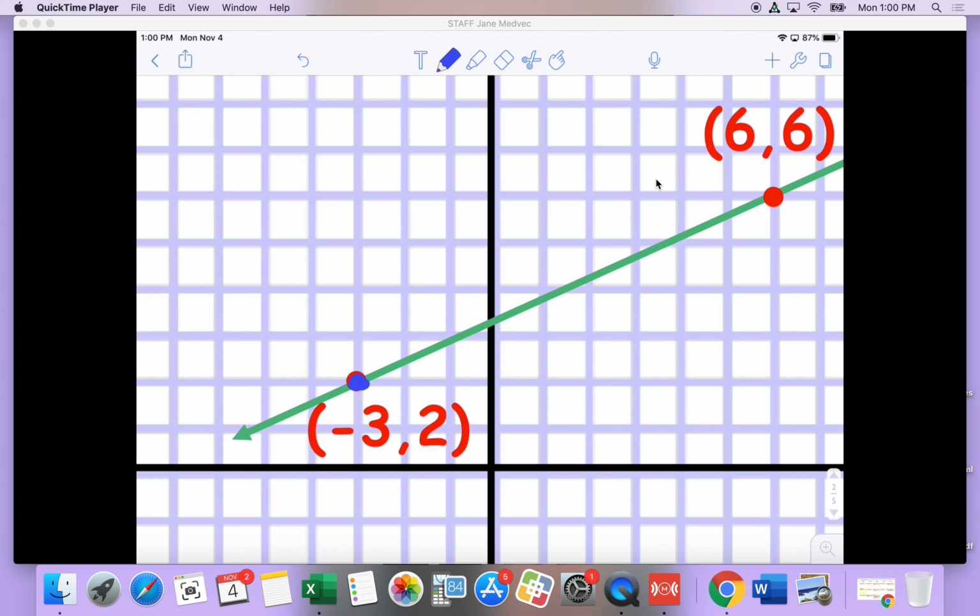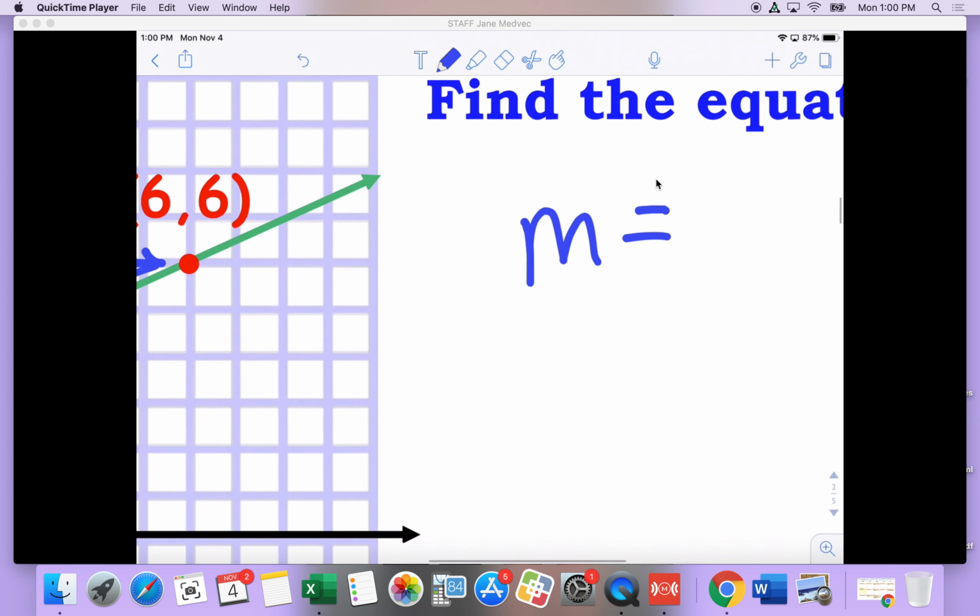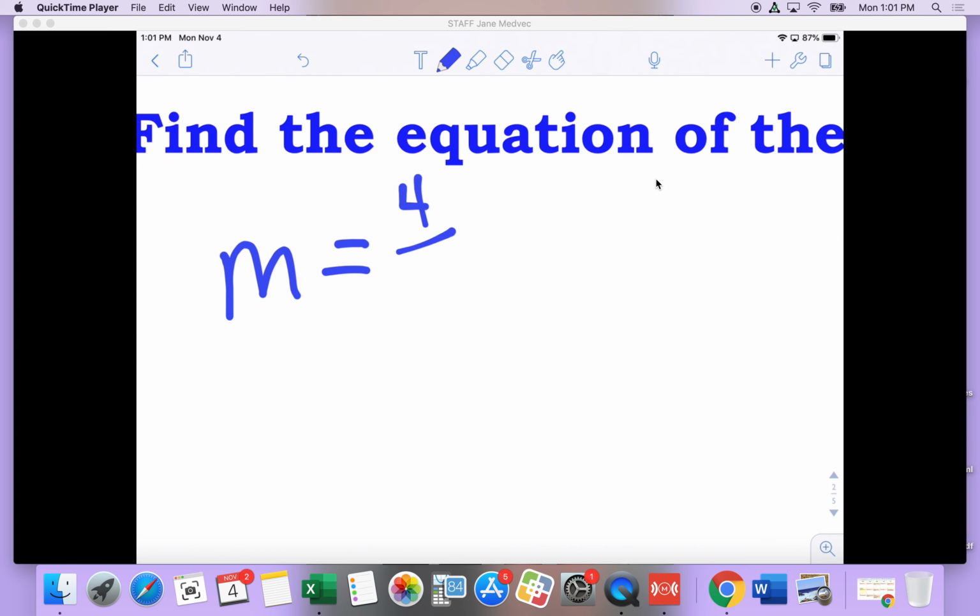Again, I take the point that I come to first from left to right, and I'm going to move up 1, 2, 3, 4. So it's going to be positive 4 because I moved up. And then I'm going to go right 1, 2, 3, 4, 5, 6, 7, 8, 9. So my slope is going to be 4/9, because it's rise over run.